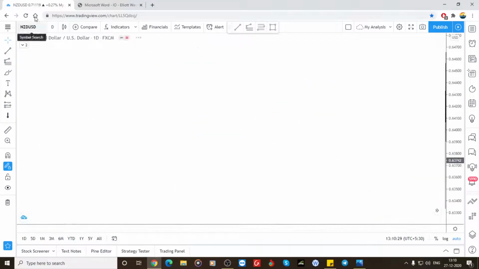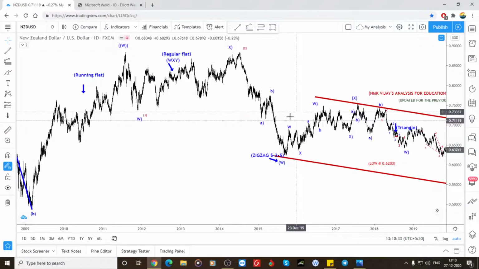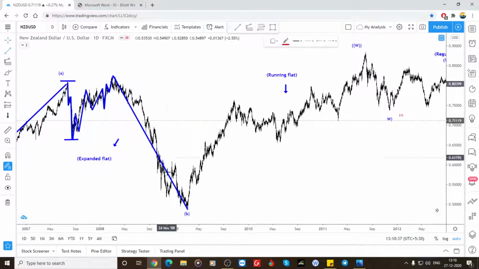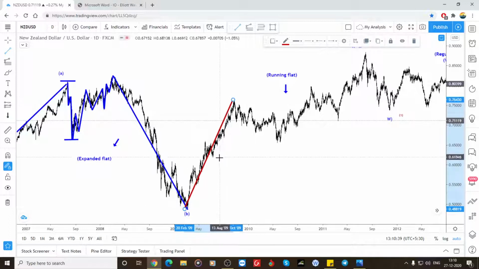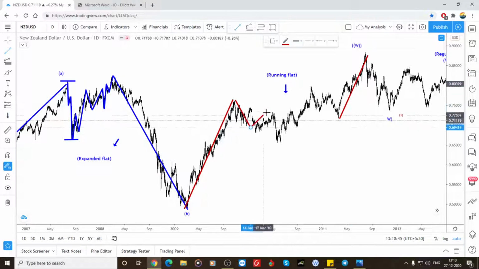It will occur in all the pairs, but you have to find it and understand the pattern. Here is one thing. This is the bigger impulsive wave, and here is one more impulsive wave. It looks like three waves here, and here also three waves, and here also three waves.